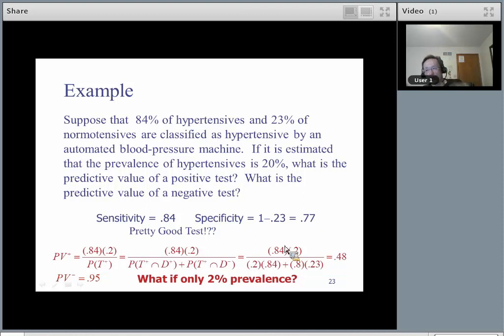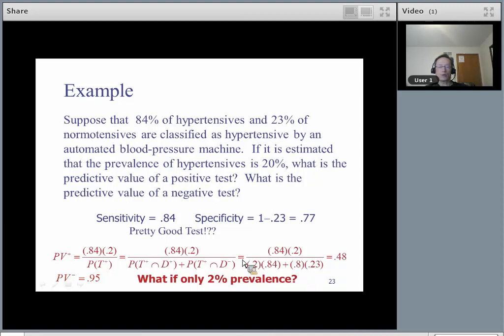So this is another approach when you do this predictive value of positive test calculation. If you have the sensitivity, the prevalence, and the specificity, find the complement of the specificity, that'll be this number. And this 0.2 is again the prevalence. So this is the sensitivity, and this number is 1 minus the prevalence.